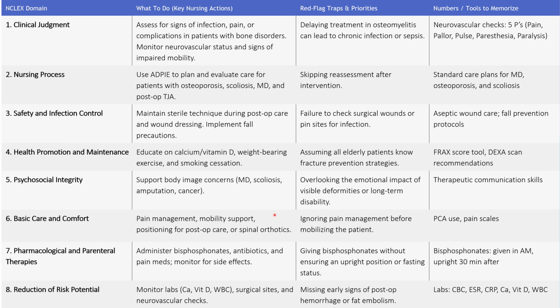So that's why you need to give medication before, not after. But I doubt that there are nurses that do that. I think with basic care and comfort, it's mostly mobility support, positioning for post-op care. So I think this is the tricky area that might be in NCLEX.